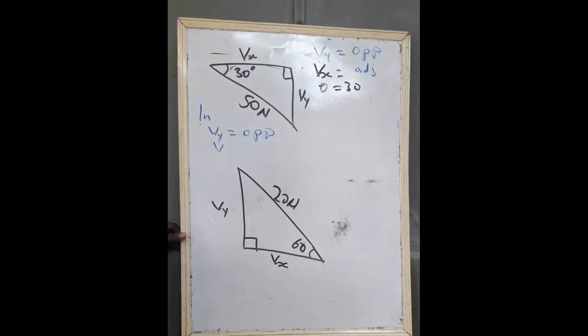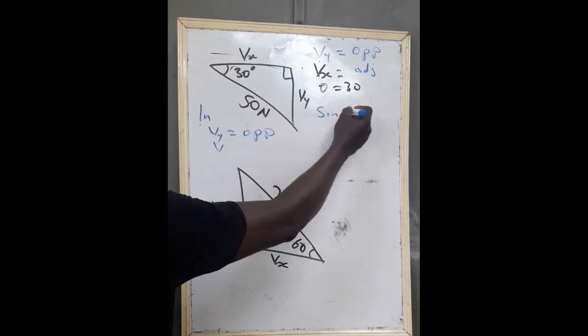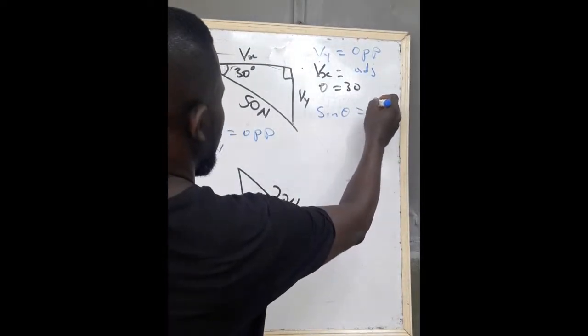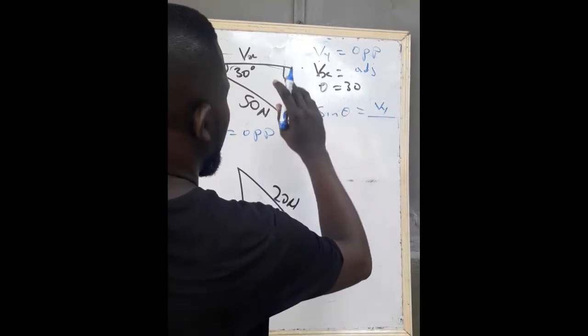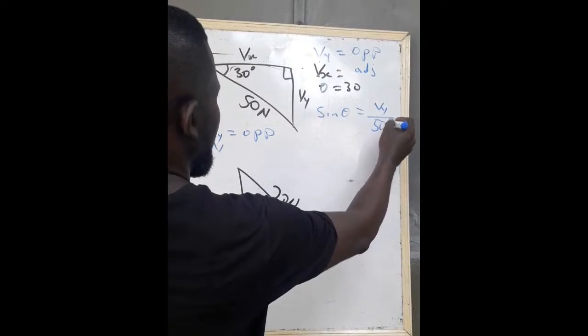Okay? So therefore, we can say that sine theta is equal to opposite, which in this case is Vy, over what? Hypotenuse, which is equal to 50 Newton.